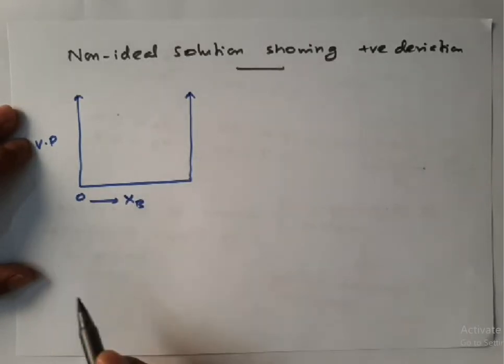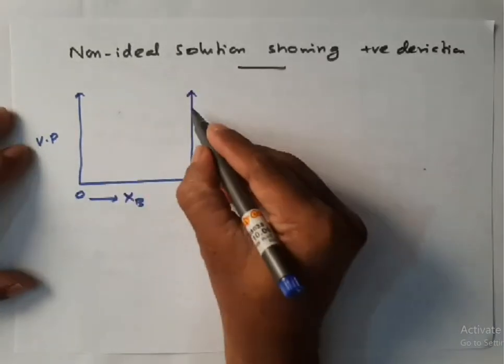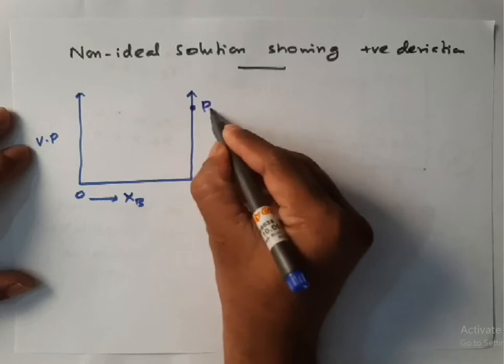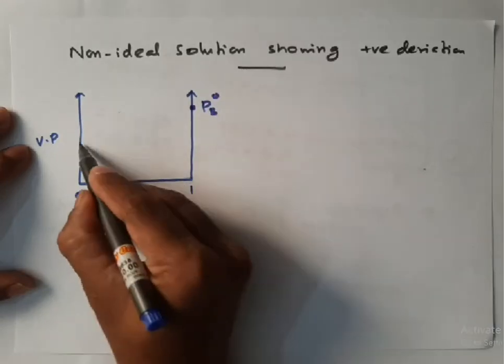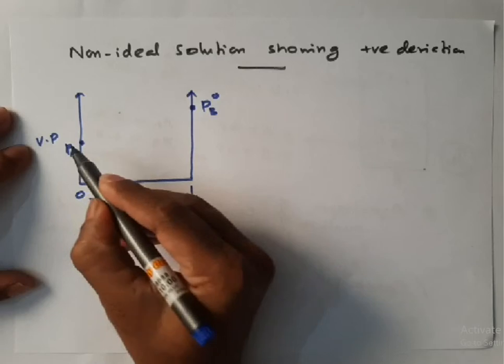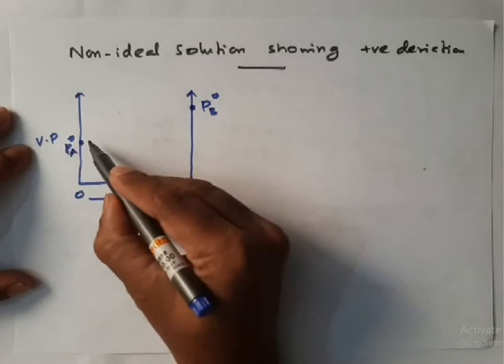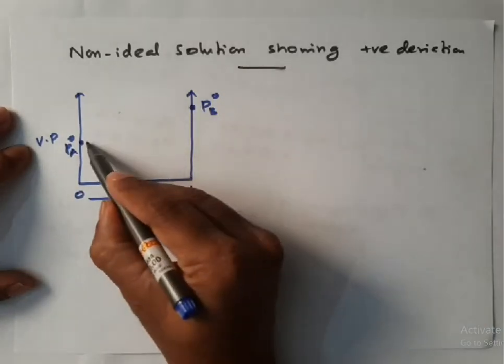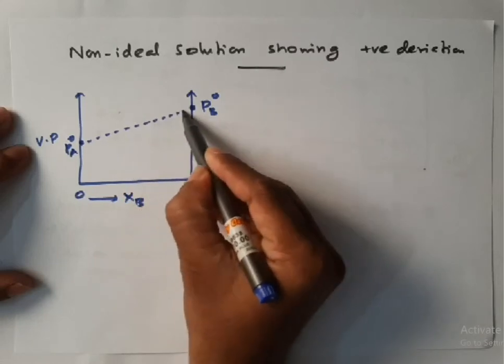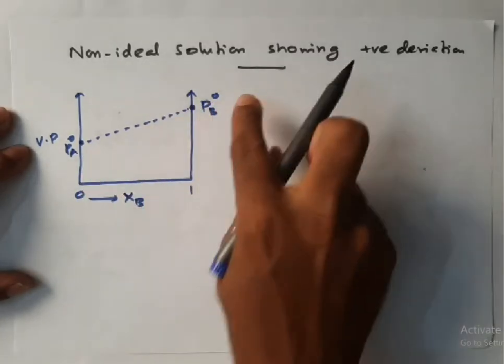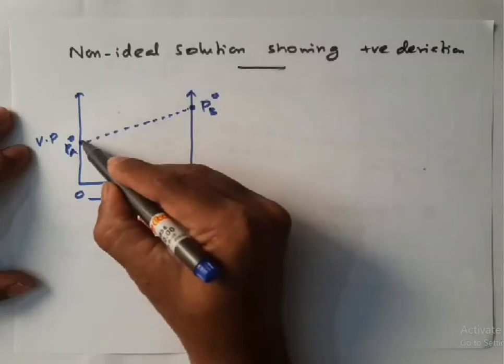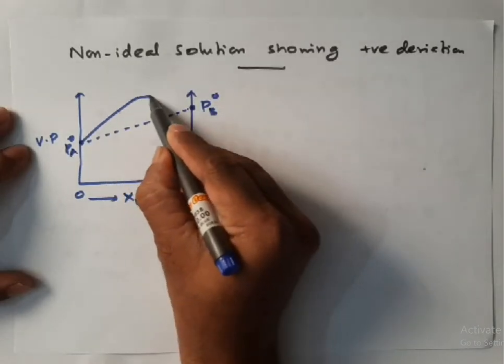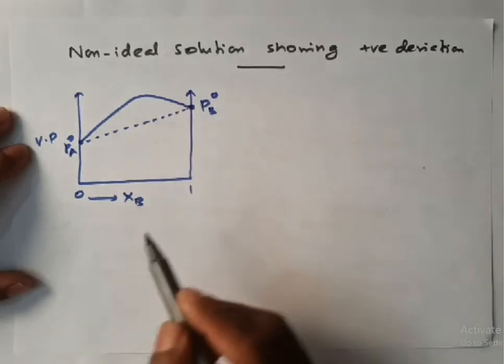I have plotted the mole fraction of B here. So here the mole fraction of B is 0, here the mole fraction of B is 1. Suppose the pure vapor pressure of B is greater than the pure vapor pressure of A, then for a solution showing positive deviation, if this is the ideal line, then for positive deviation you will get a curve which will go above this straight line.